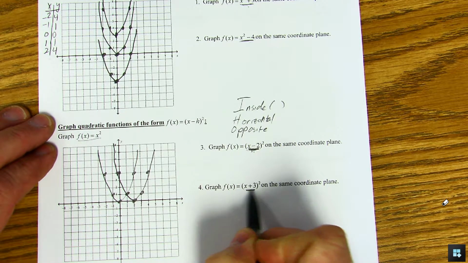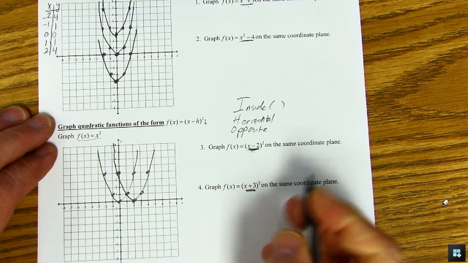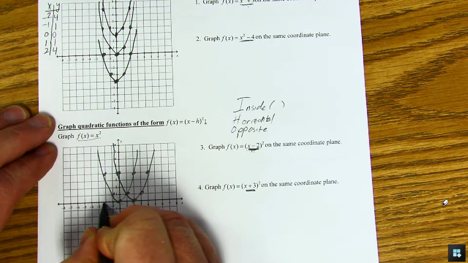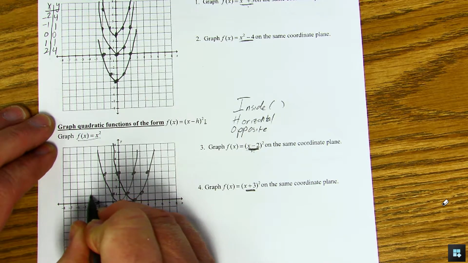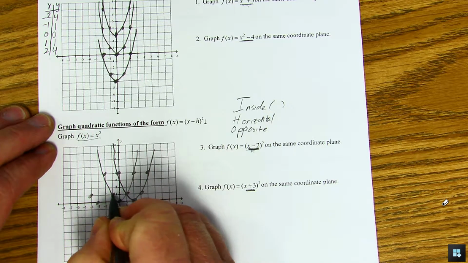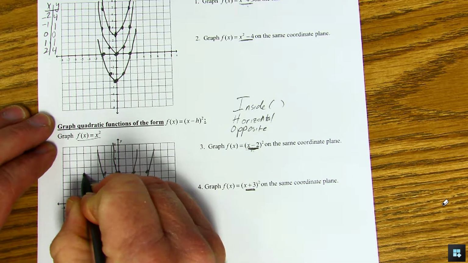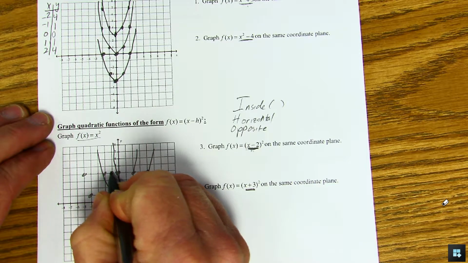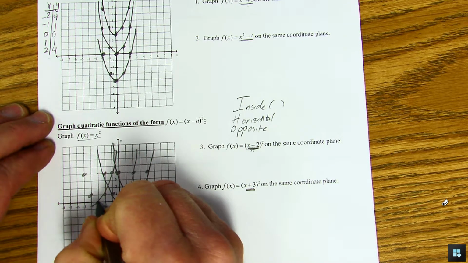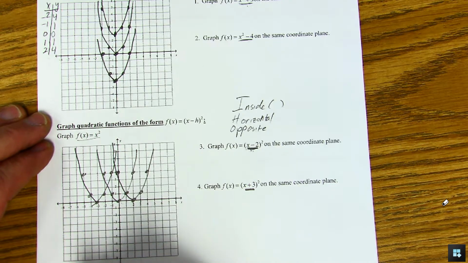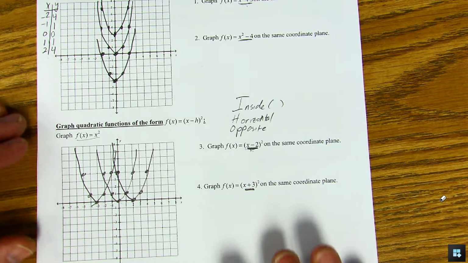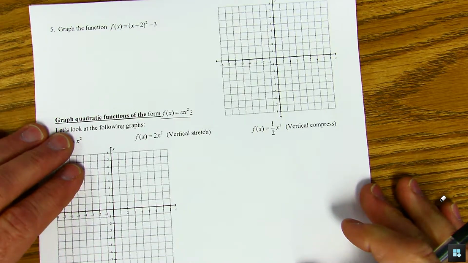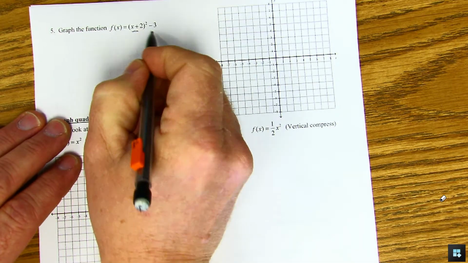Here, inside the parentheses, opposite of plus 3 would make it to the left 3. So again, we start with our original, left 1, 2, 3, and there is our parabola. It's just like the original, shifted to the left 3. All right, here we go. The next one we're going to do has an inside and an outside.